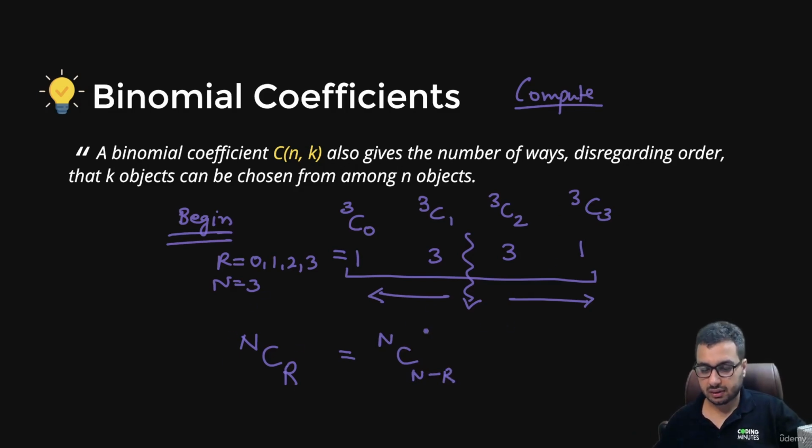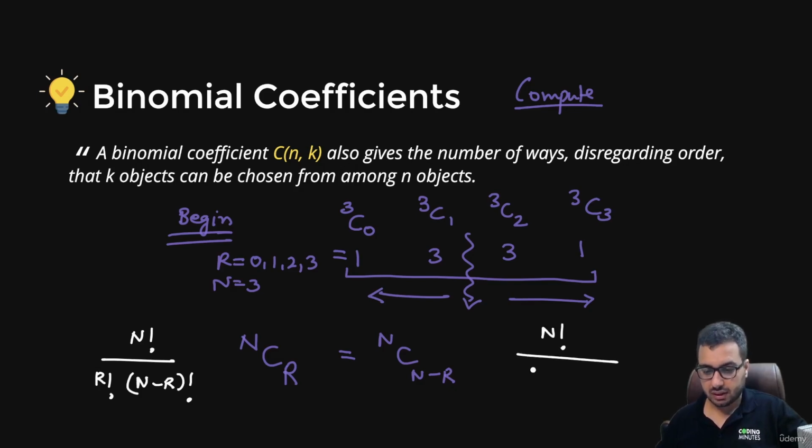If you write what is nCr, nCr is nothing but n factorial divided by r factorial and divided by (n minus r) factorial. And what is nC(n minus r)?